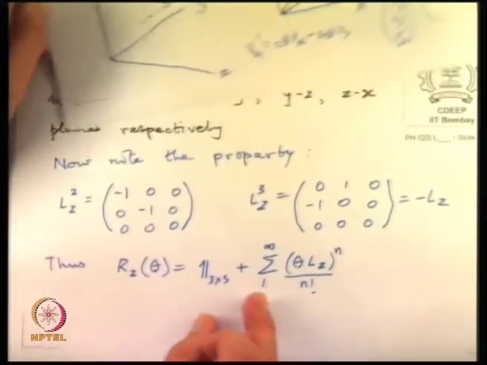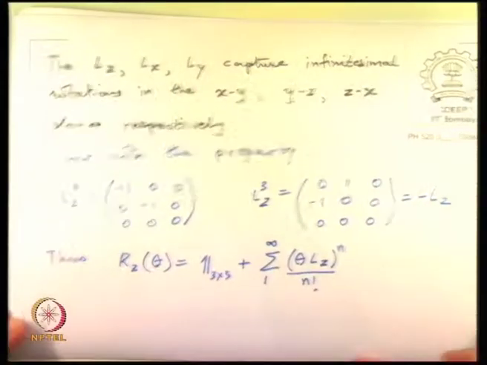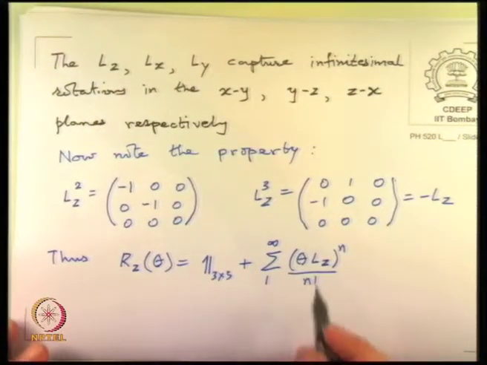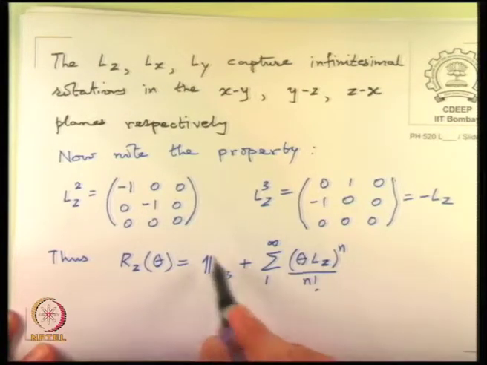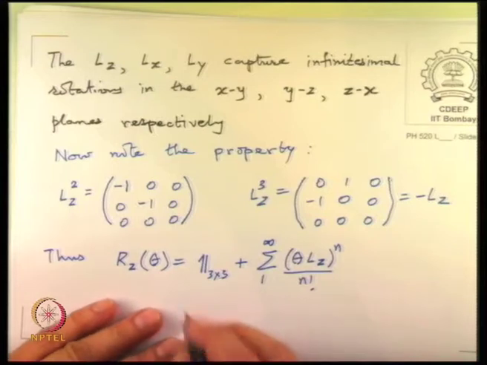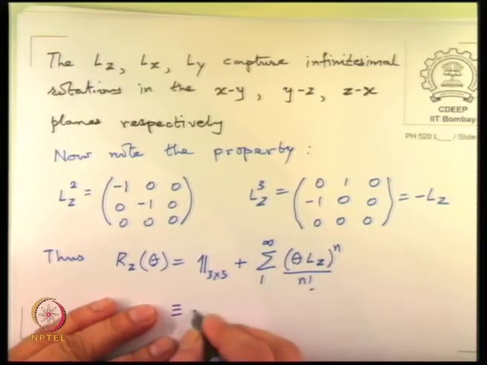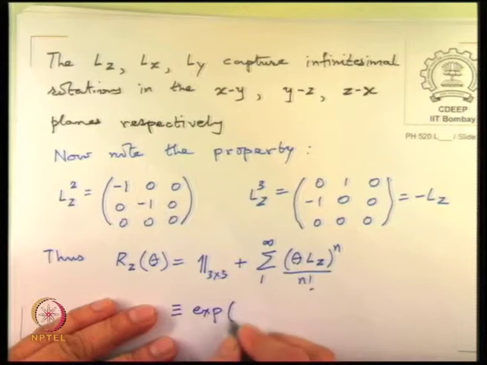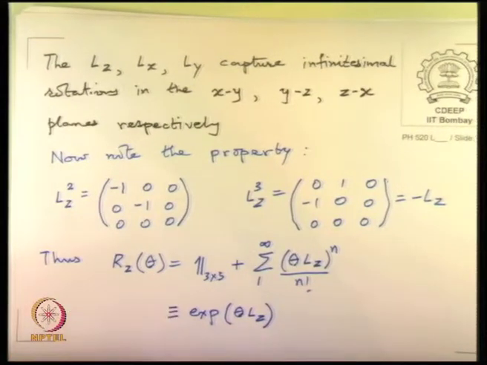So Rz theta is just equal to the power series theta Lz to the n over n factorial and a 3 by 3 identity matrix added. So knowing the infinitesimal Lz, we sometimes denote this symbolically as exponent of theta times Lz, where this is now a matrix exponent.